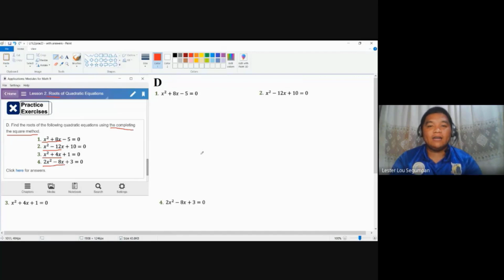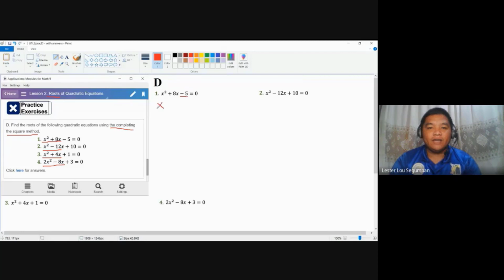And how do we do that? The first step is to consider that this constant here is the only item that makes the expression not factorable. So this is the only item that we could move to the other side by adding 5 to both sides.